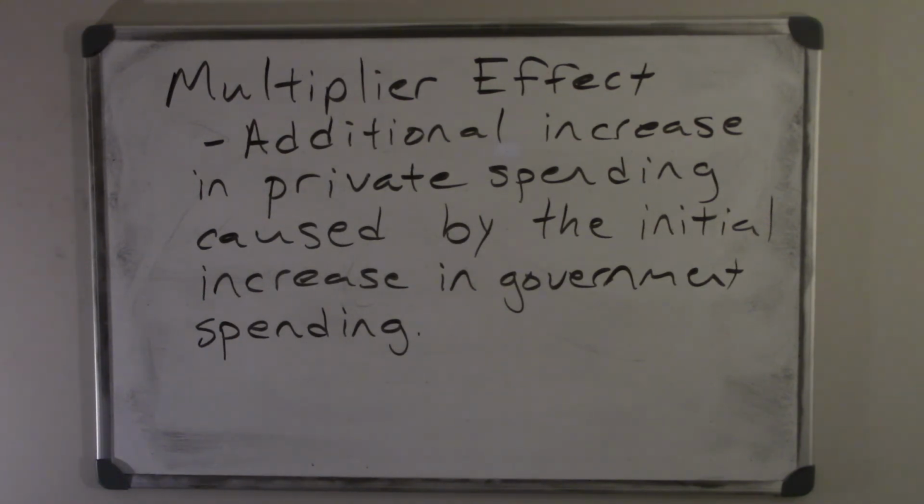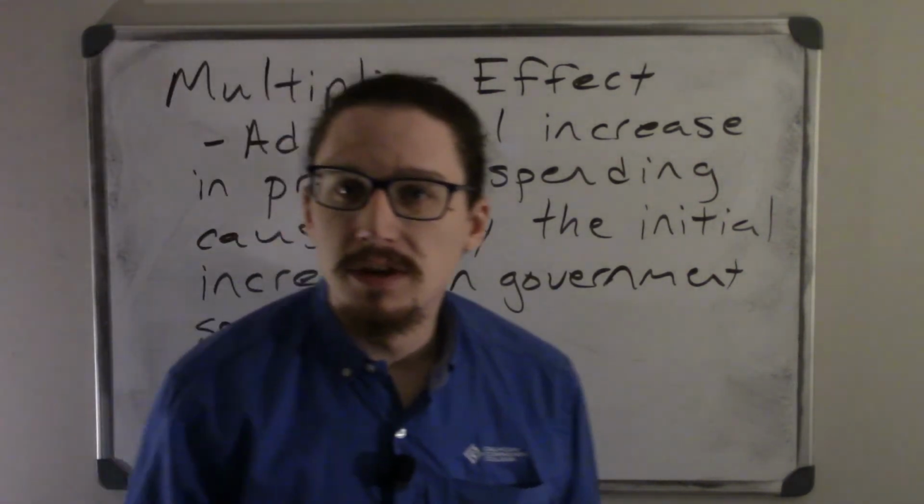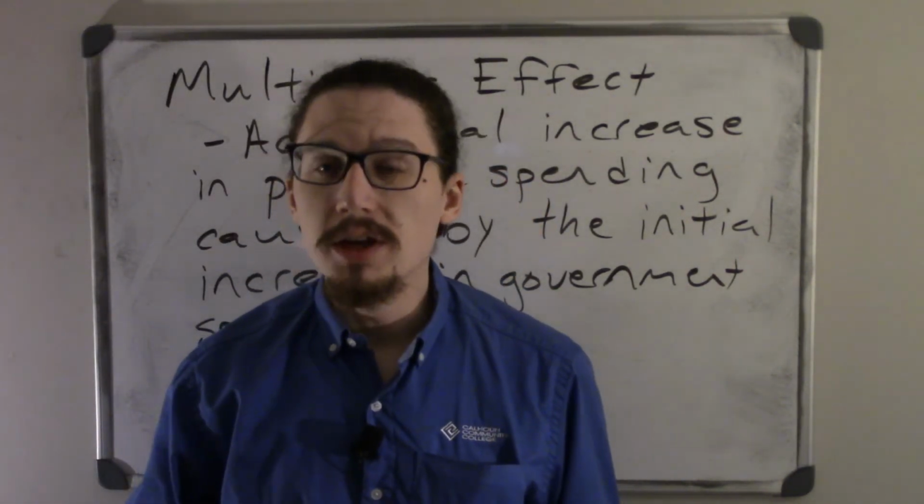The government has an initial amount of spending, and then that spending trickles through whoever they spent it on. It trickles down through the worker, who's now got a higher income and is going to go buy more stuff. It trickles down through the person who works at the steel mill or the concrete place. I don't really know how or where you make concrete. But their wages increase, and they then increase their consumption. So that's what the multiplier effect is.